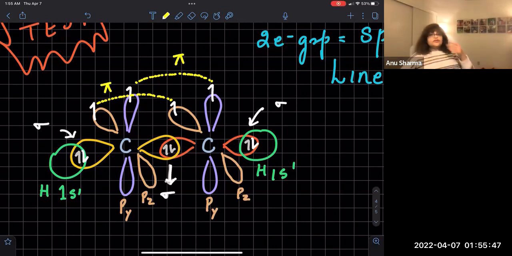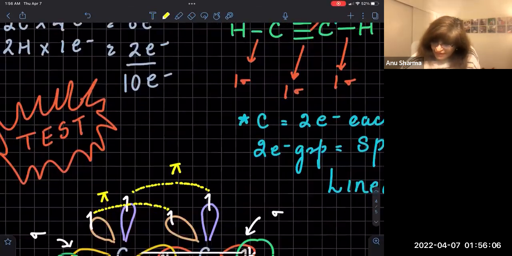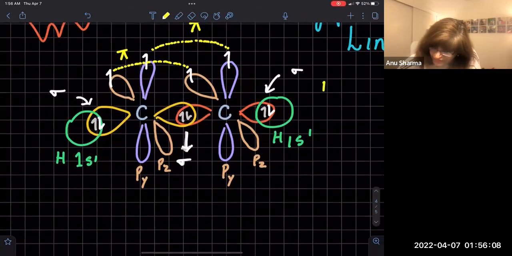Okay, so if you're showing on the top, don't show at the bottom. If you're showing at the bottom, just make sure that it's only one-sided. All right, and so if you look at it, a total of 1, 2, 3, 4, 5, 6, 7, 8, 9, 10 electrons have been accounted for. Okay, 10 electrons have been used up.